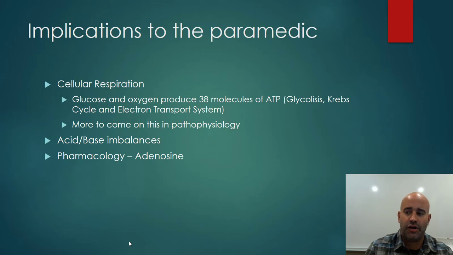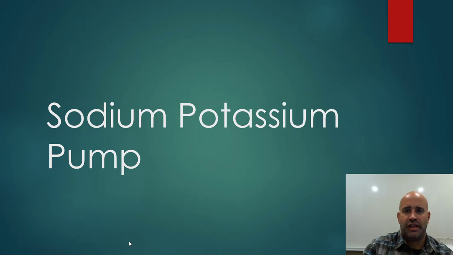So it's a very, very large return on investment. This whole formula and this whole process, how it breaks down. Also, acid-base balances, and then later on when we get into pharmacology, we actually give adenosine to help slow down a heart rate. All right, so that's just your basic overview of adenosine triphosphate.